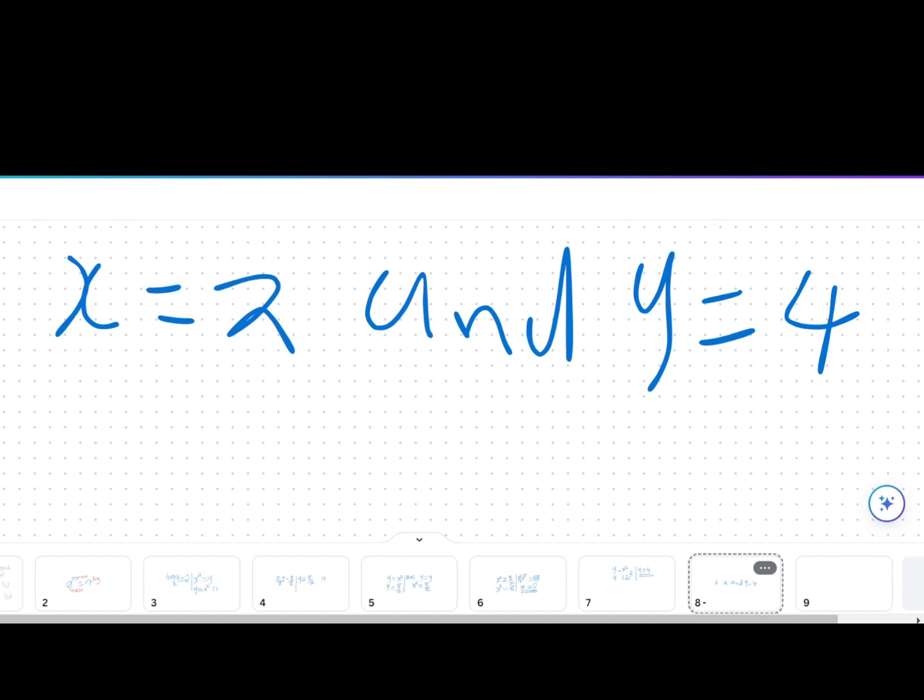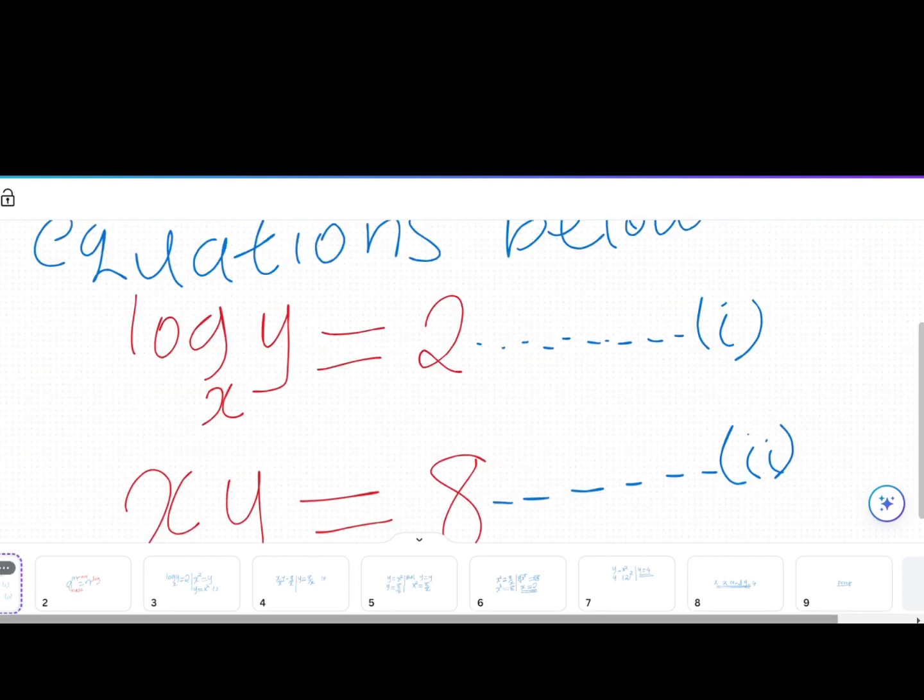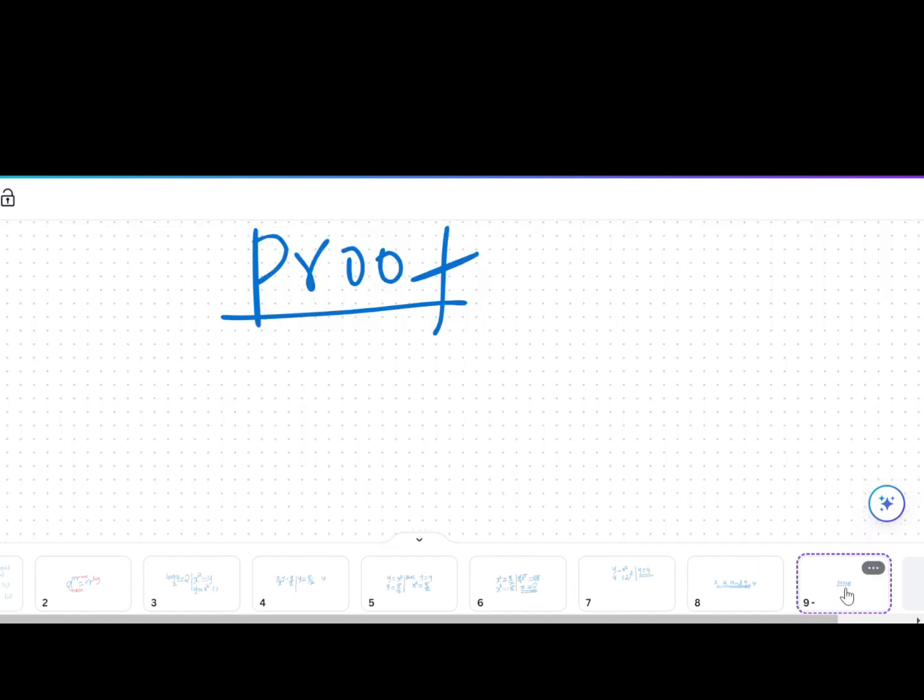We can also try to prove this. So, proof. Let us prove and see if it is true. Remember, in our equation 2, we were told that xy is equal to 8.